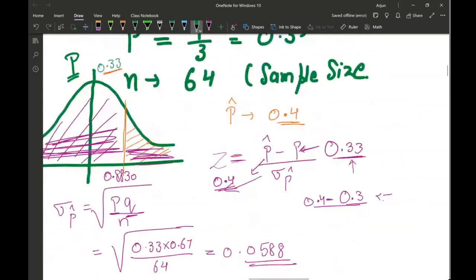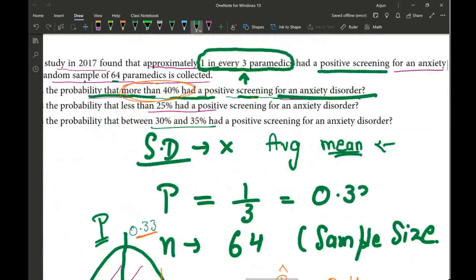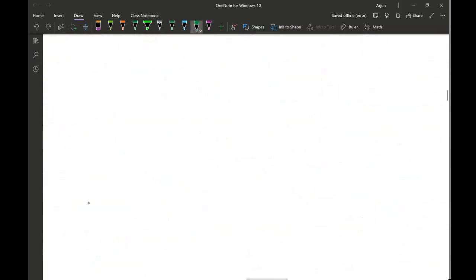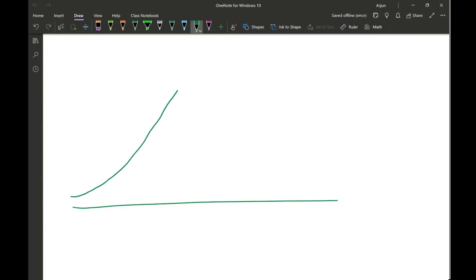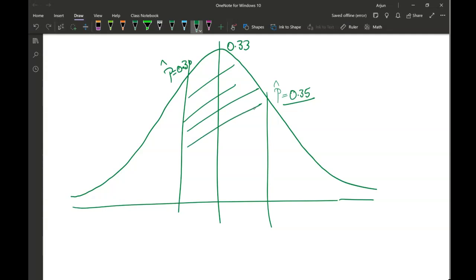If I look into part C, between 30 and 35%, again I'm going to give you the hint on how to solve this, and I'll leave it for you guys to solve. So this is 0.33. 30% will be p hat equal to 0.30, and this value p hat will be equal to 0.35 on this side, and I am looking for this section.